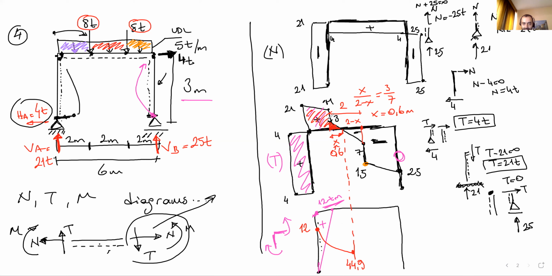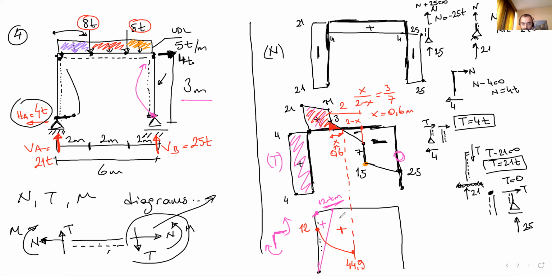And since the shear force is going through 0, we are gonna have the maximum moment at this point. This 44.9 is the maximum moment on the beam. Okay, this is positive.